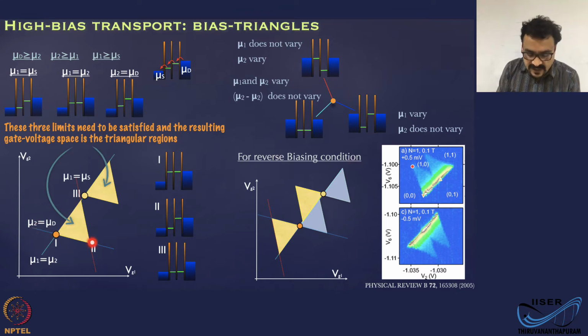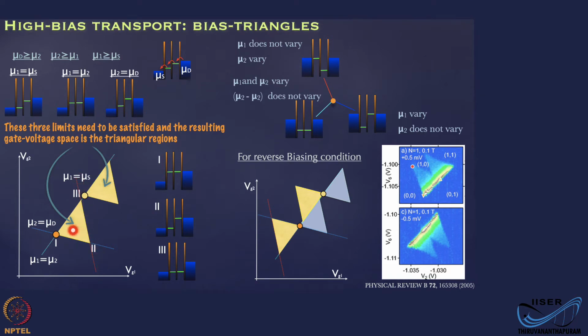So the area above this line is allowed. Similarly for mu1 equal to mu s, the area to the left of this line. The area to the right of this line corresponds to mu1 less than mu s, because the gate VG1 is getting more positive. That means this level goes below the source side, which is a Coulomb blockade region for that dot. So no transport is going to happen on this side.